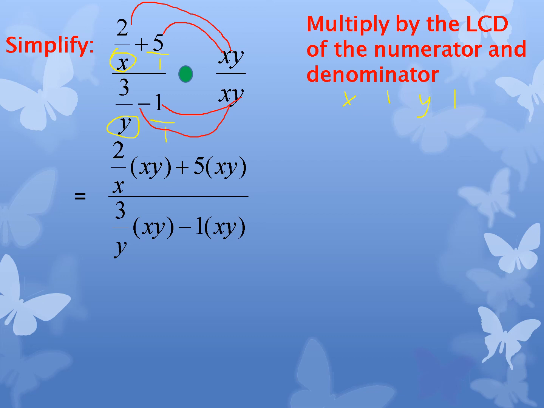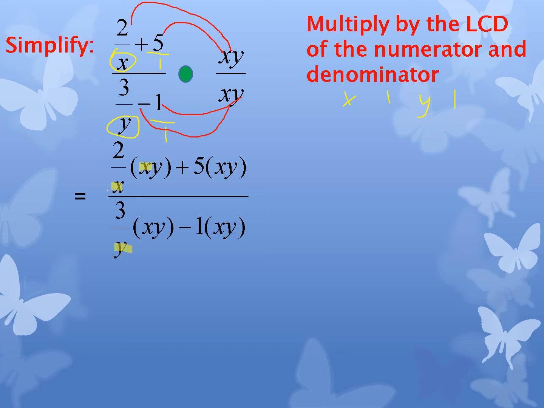Now, here is the cool thing about why we do this, because look what's going to happen. Here, 2 over x, okay, so right here, this x cancels out with that x, and then nothing cancels here.